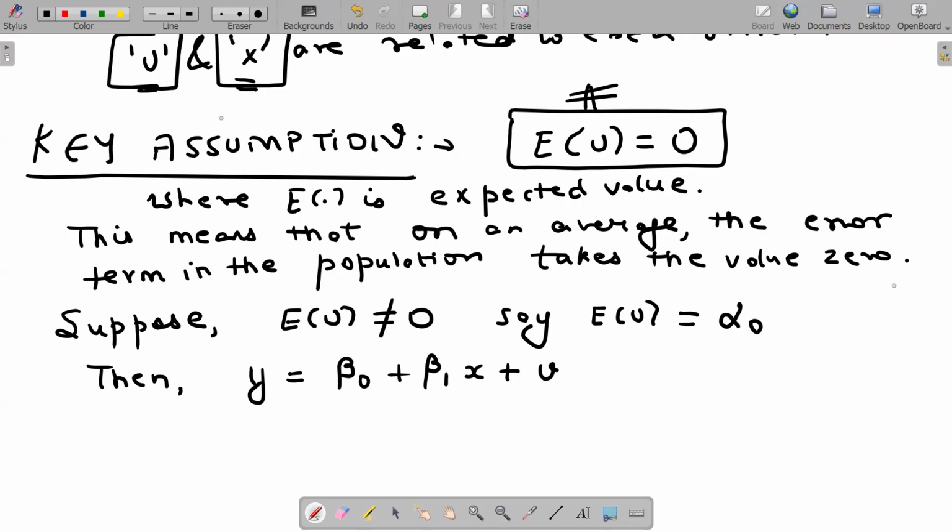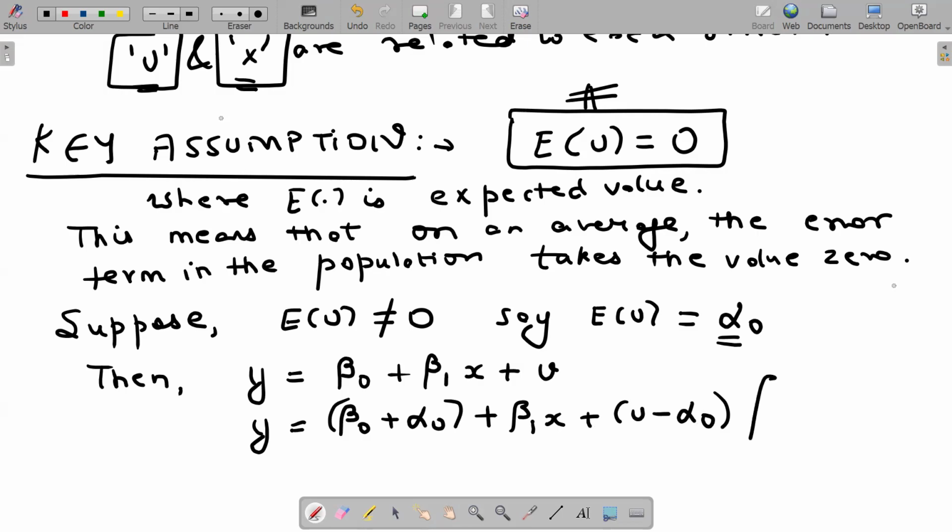I can add and subtract alpha naught in this regression. So I can write it like this: beta naught plus alpha naught plus beta 1 x plus u minus alpha naught. What did I do, students? I added and subtracted alpha naught. Maths allows me to do that.